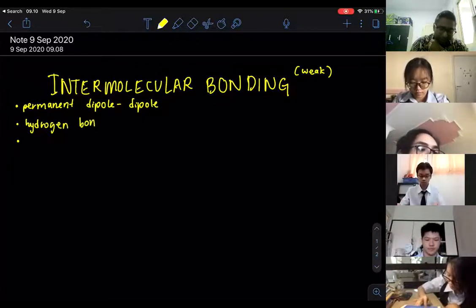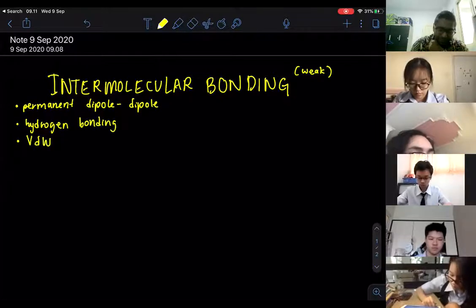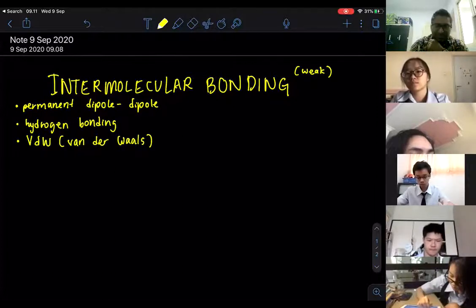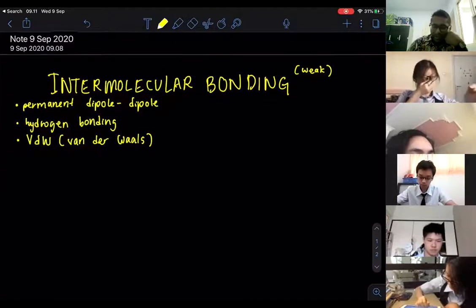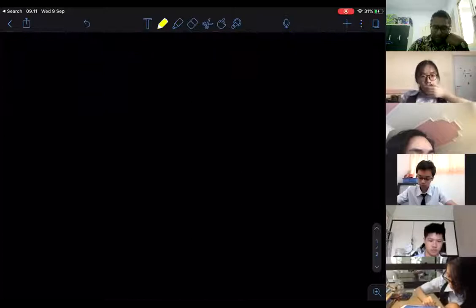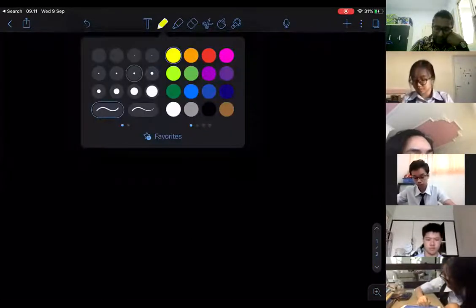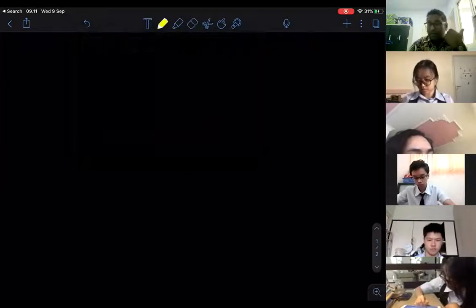And the third one is going to be VDW, that stands for Van der Waals bonding, or Van der Waals forces of attraction. So we have a total of 3 intermolecular bondings. But before I go to this, I just want to introduce this concept in a different way. Let's try whether you can understand this concept better.